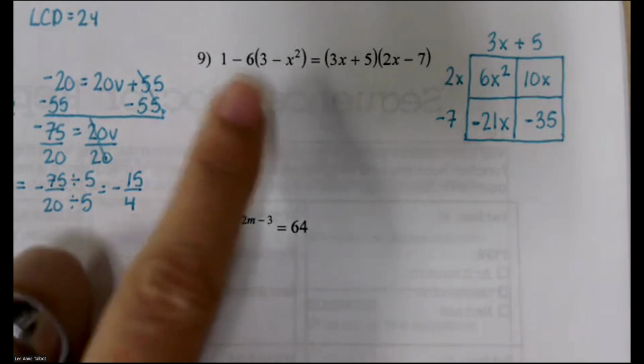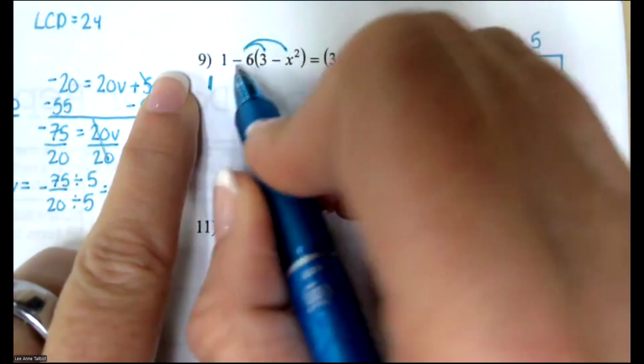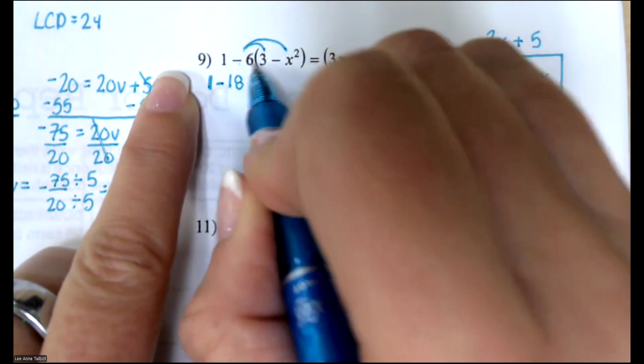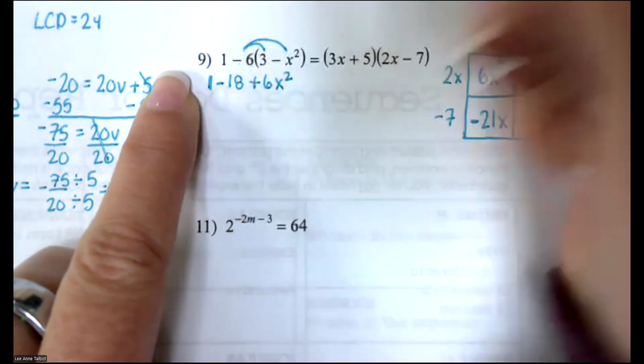Okay, this side needs distributive property, and we have to be really careful and distribute the -6. So you start with 1, and -6 times 3 is -18. And -6 times -x squared is positive 6x squared.